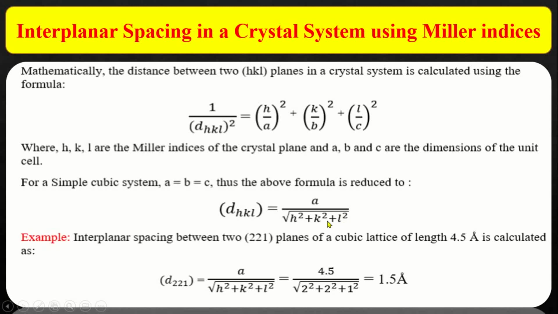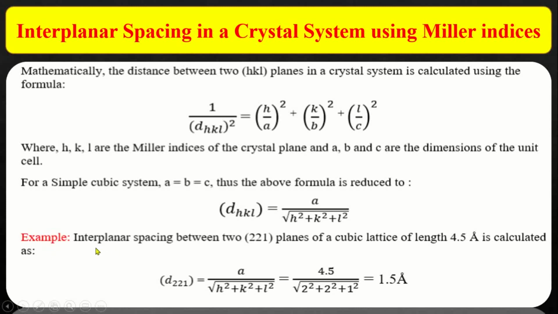Simplified, we just need to put the value for the edge length of the unit cell a, and h, k, and l are already known because the plane will already be defined in the question. You will be given the value for the edge dimension a. You just have to find d_hkl.